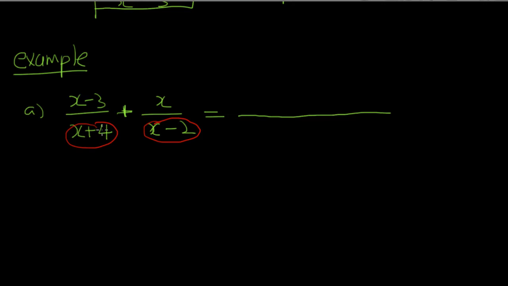x minus 3 on the top and x plus 4 on the bottom. I'm talking about this first term. I'm going to multiply the top and the bottom by the denominator from the other part.